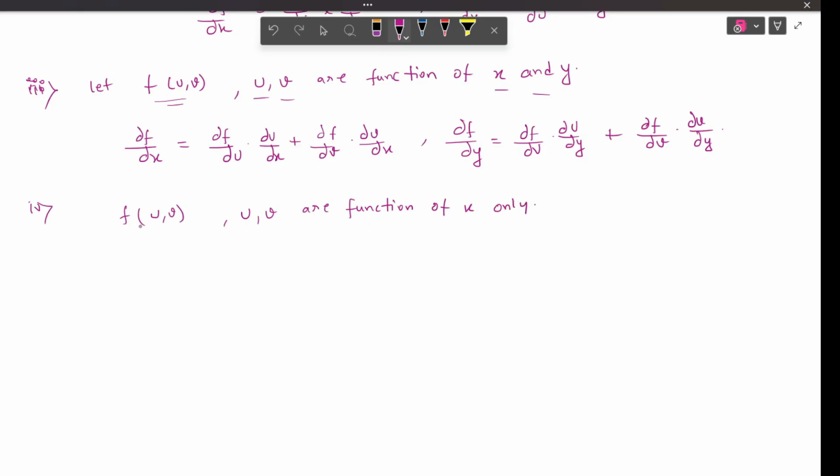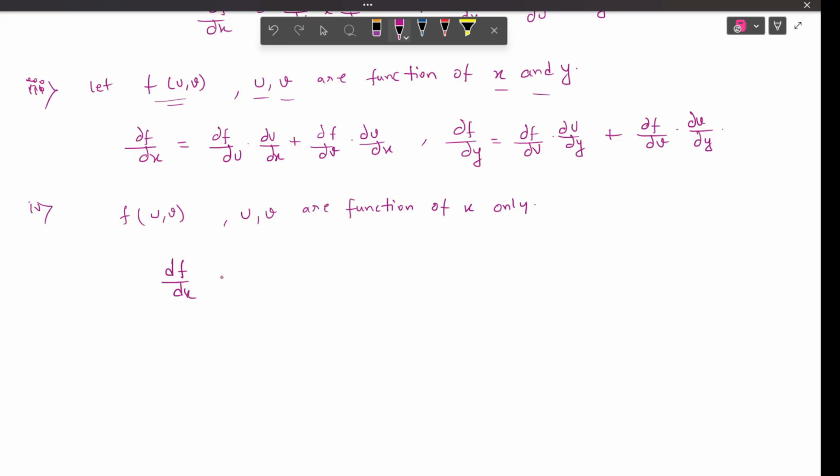So we can say that f is a function of x. Here we have to apply the ordinary derivative, not the partial derivative, because the function depends on x only.